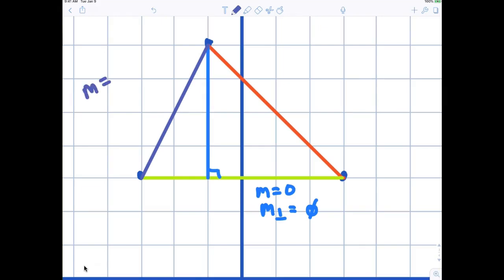Slope is 2. Does everybody agree? Because we're talking about the altitude, we know it's going to be perpendicular. So if that's 2, the slope of the perpendicular would have to be -1/2. That's what I need you to know.